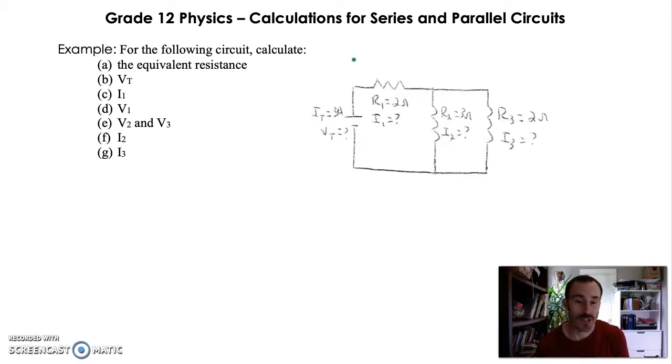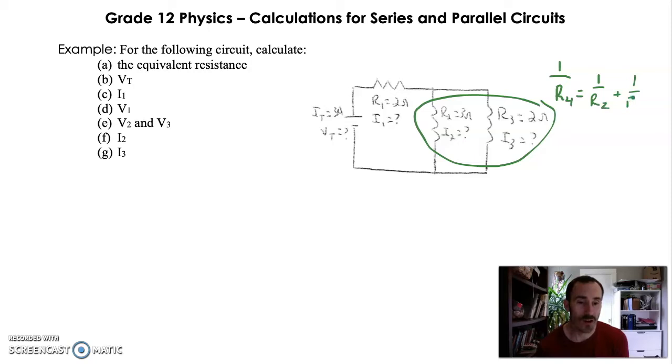Let's just use green for that. So these two are going to be R4. And R4 is parallel, and so we're going to have to use the reciprocal rule. 1 over R4 equals 1 over R2 plus 1 over R3.